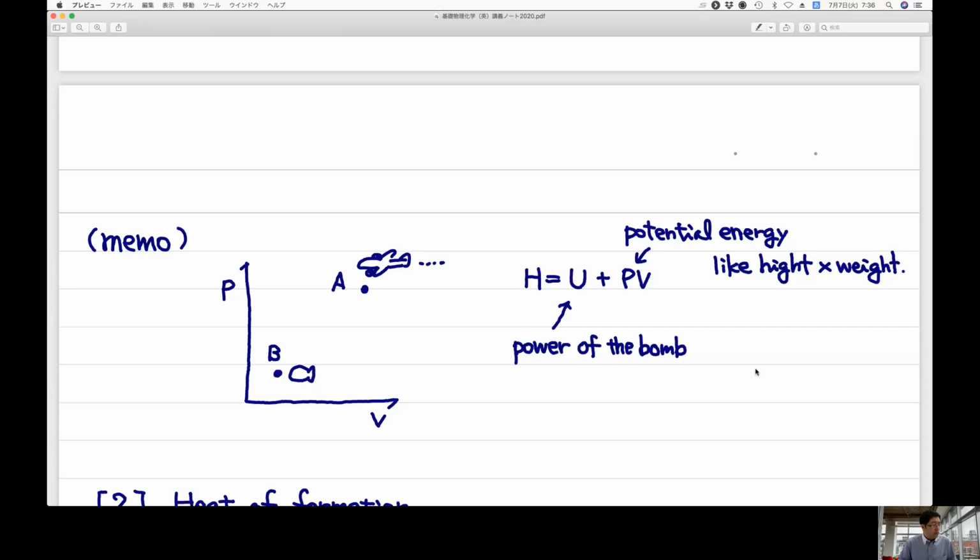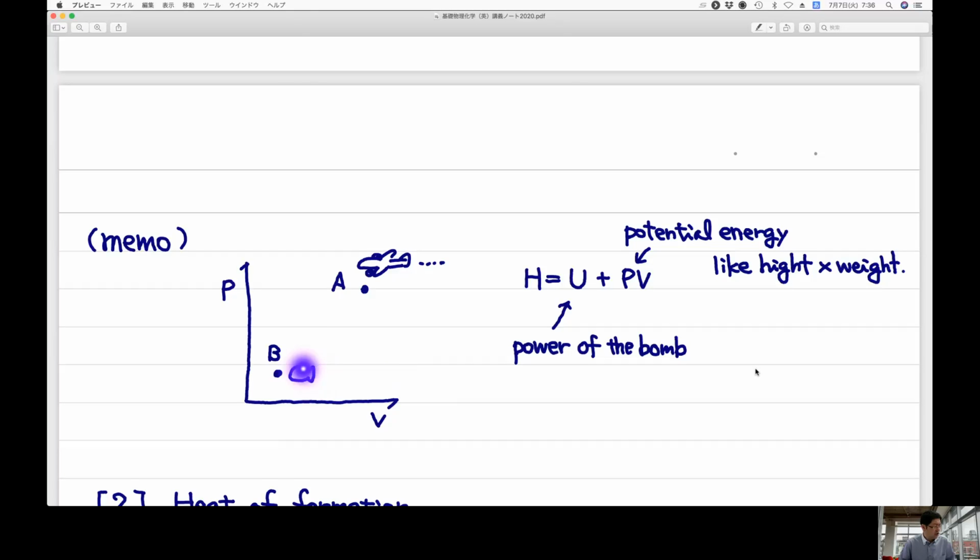If you think about the danger of a bomb, you need to think about the power of the bomb and the potential energy of the bomb. This is a kind of PV diagram of the bomb. This is the bomb on the ground, at low height.